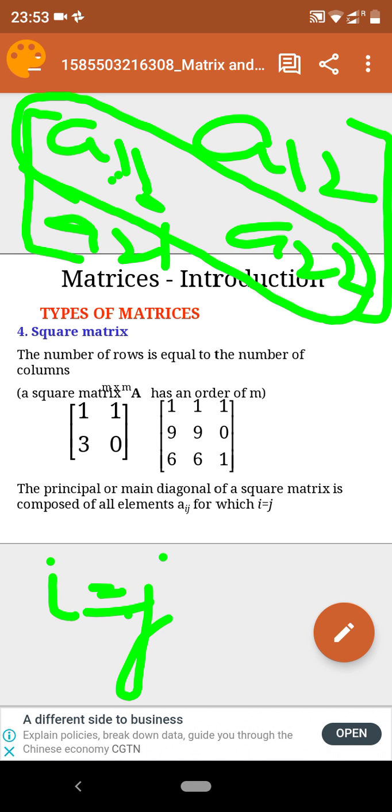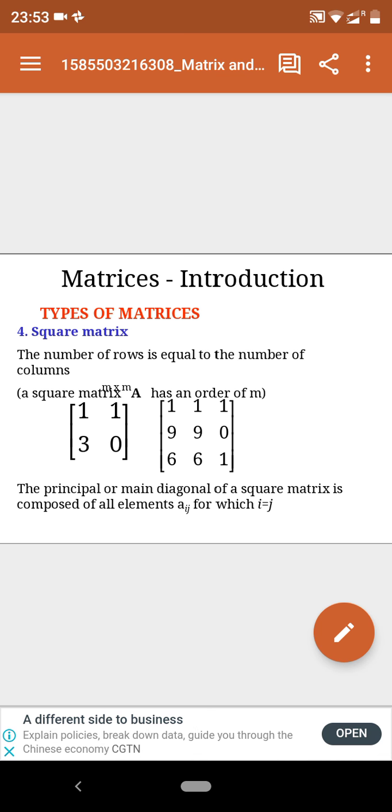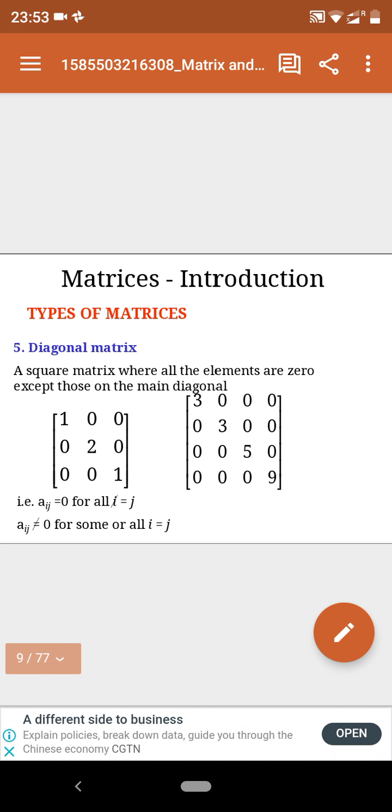So here a11 and a22 are the diagonal of this matrix, right? And the diagonal matrix is a matrix where all entries other than the diagonal are zero.